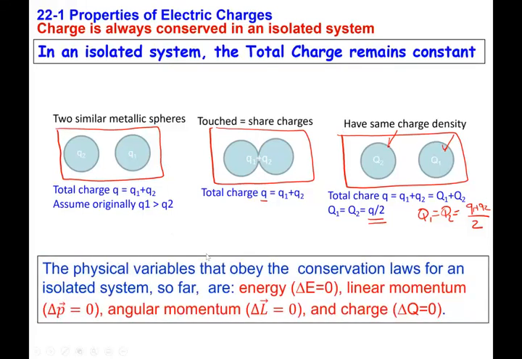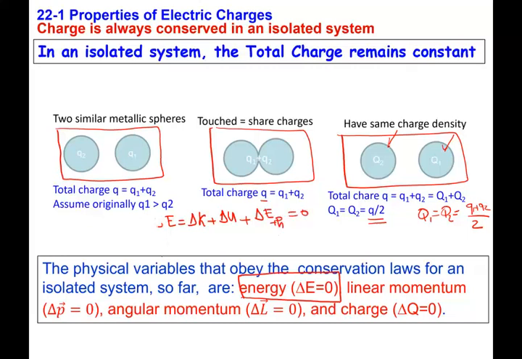Now we can summarize Physics 121 and Physics 122. Remember, in Physics 121, you studied that if you have an isolated system, the energy is conserved. If the system is isolated, delta E, the change in kinetic energy plus the change in potential energy, whether spring or gravitational, plus the change in thermal energy, is equal to 0.